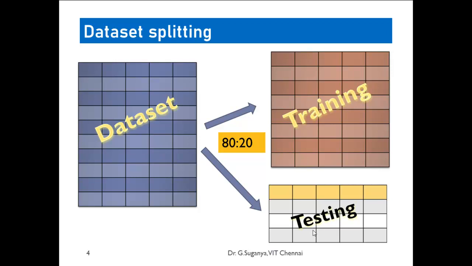Let's say you have two classes of data mixed in your data set. You should not have all the training data fall into one class and all the testing data into the other class. Then you are training the system from one perspective and testing it on a different perspective. So that has to be removed, and representative samples of your data set have to be in both training and testing.